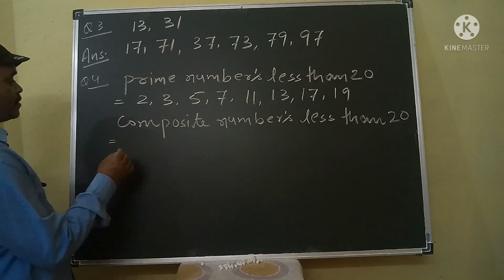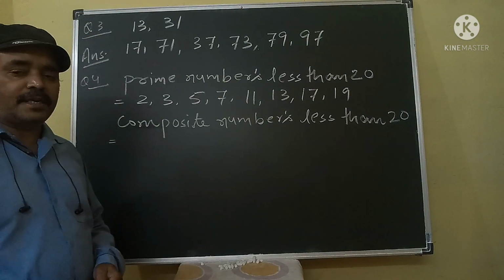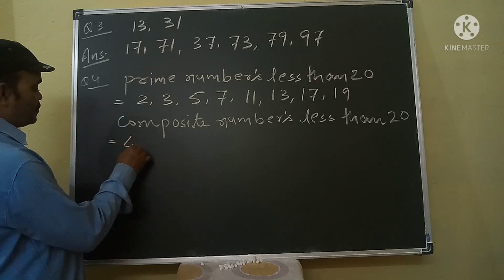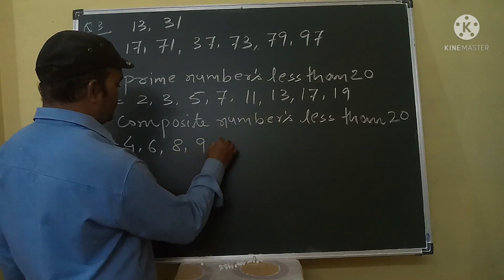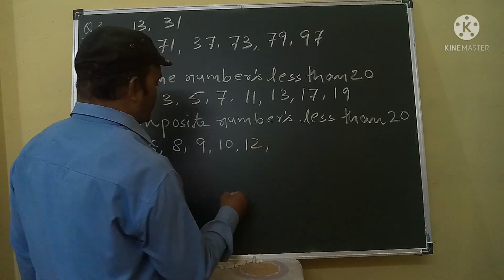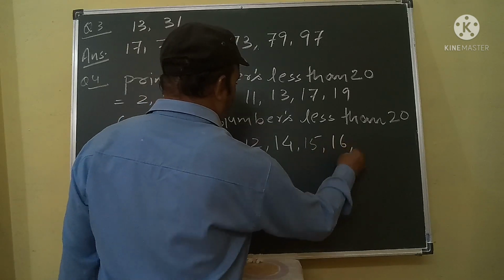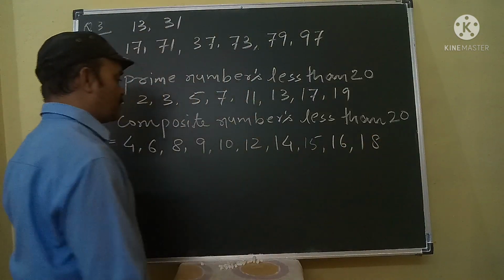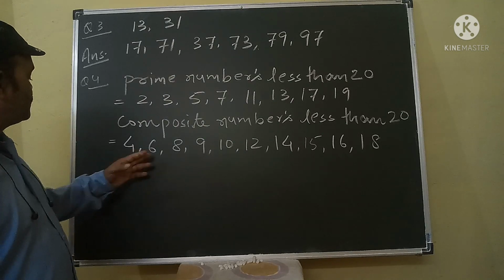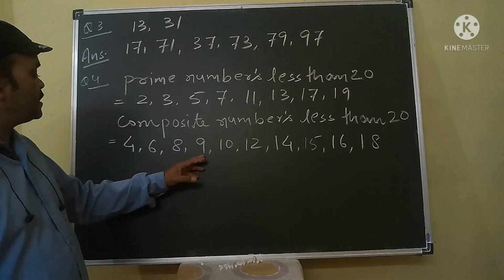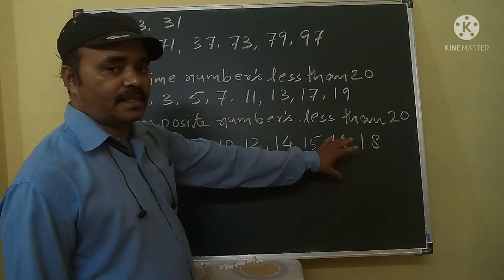The composite numbers less than 20 are 4, 6, 8, 9, 10, 12, 14, 15, 16 and 18. Okay.